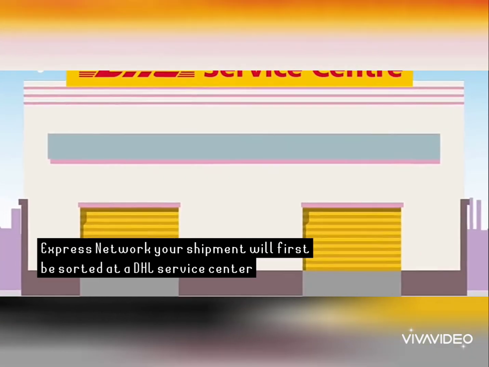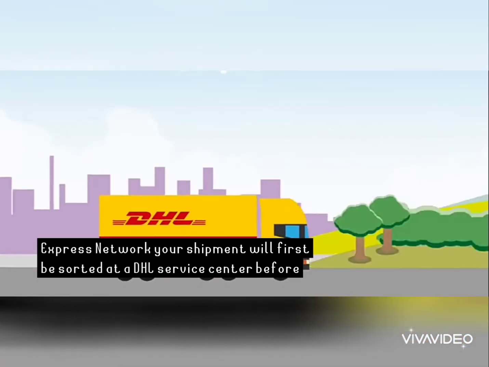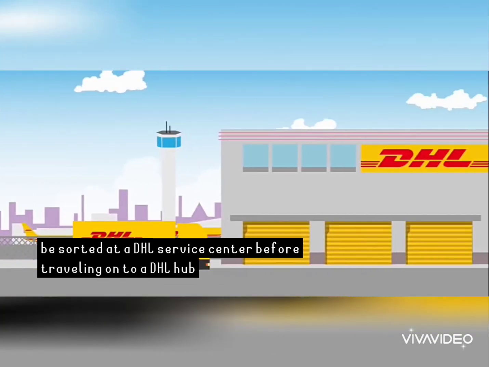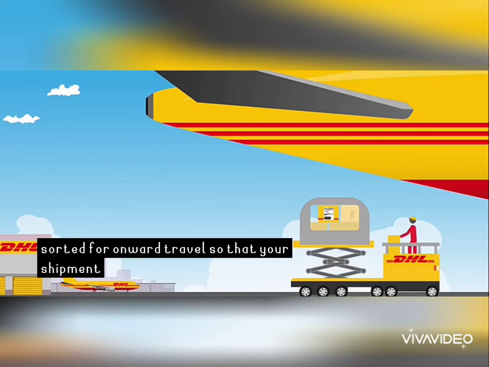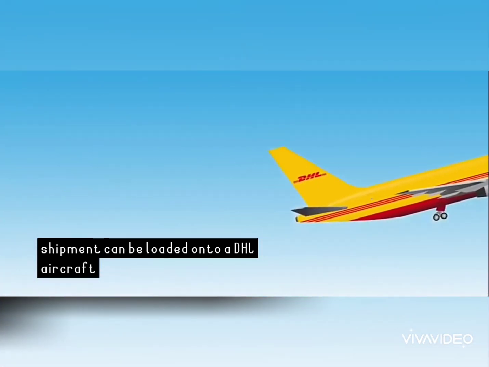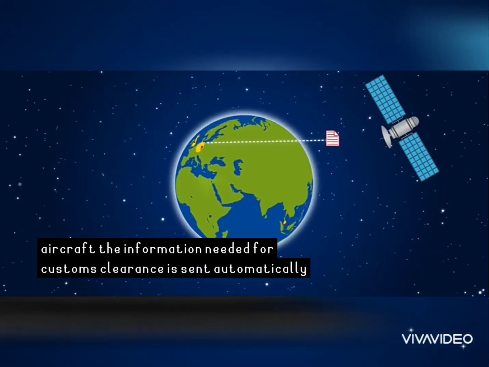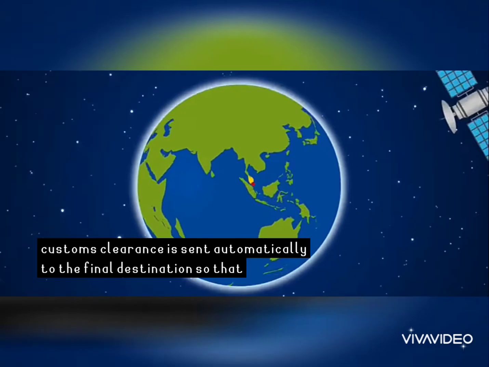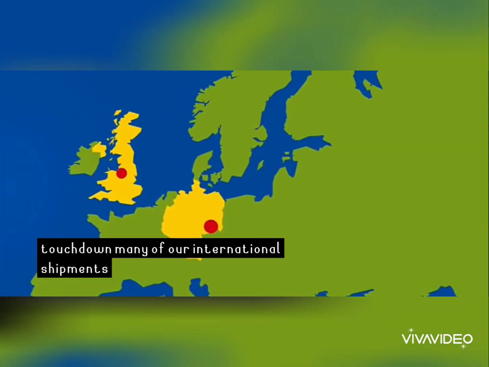Our shipment will first be sorted at a DHL service center before traveling on to a DHL hub where it is sorted for onward travel so that your shipment can be loaded onto a DHL aircraft. The information needed for customs clearance is sent out automatically to the final destination so that your shipment is free to be delivered on touchdown.